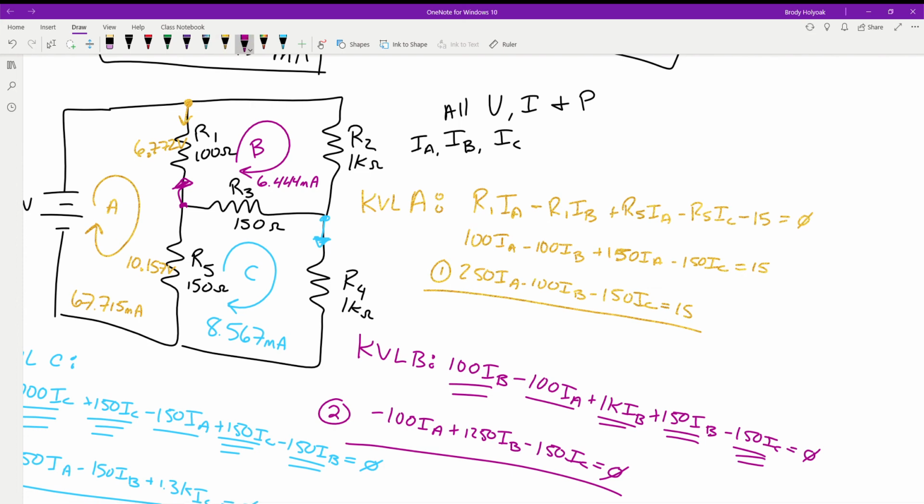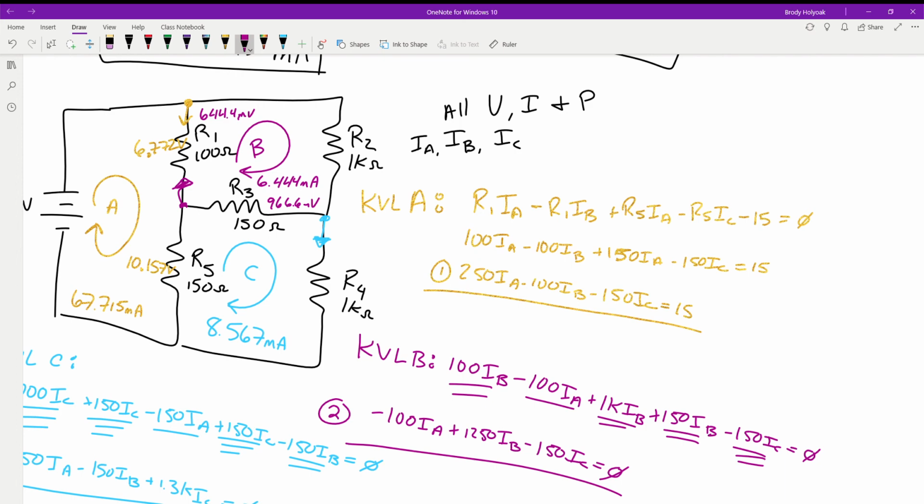Now we got to look at current B. So R1, we're going to solve for that. So we have 100 ohms times the 6.444 milliamps. That's going to give us 644.4 millivolts. Across the 150, it's going to give us 966.6 millivolts.